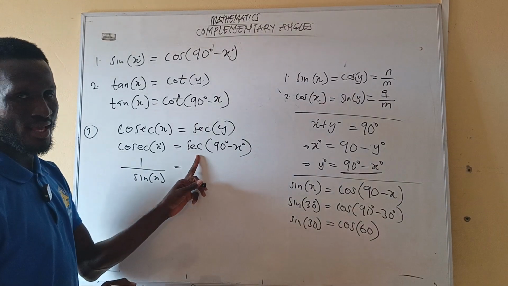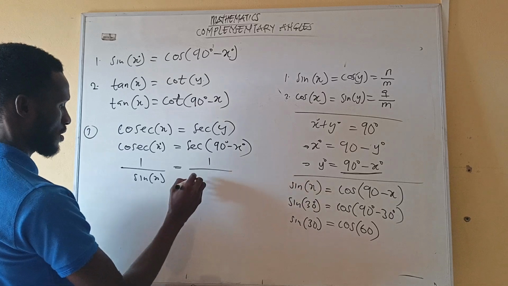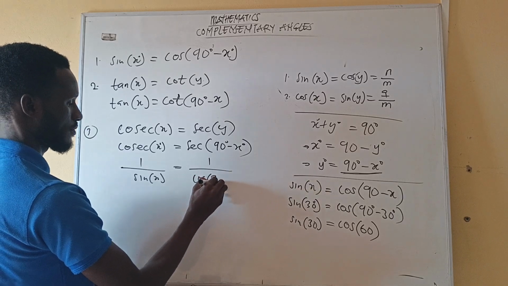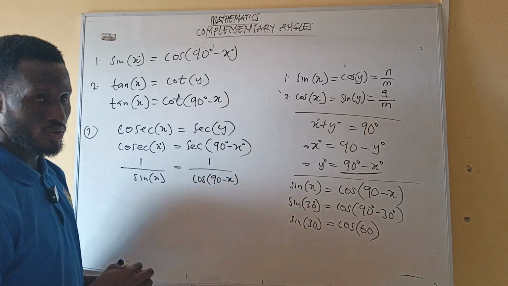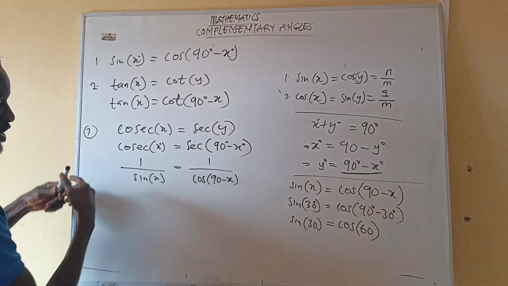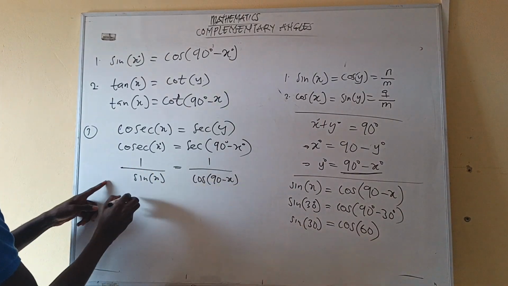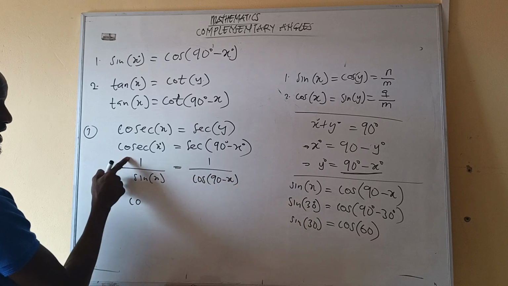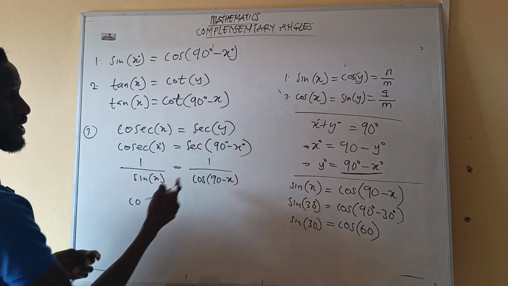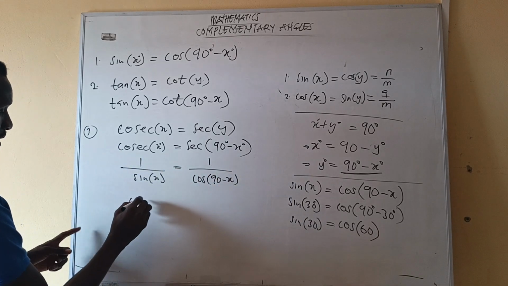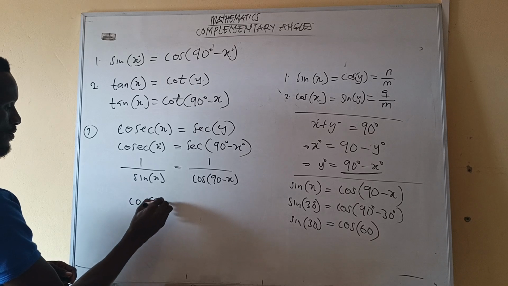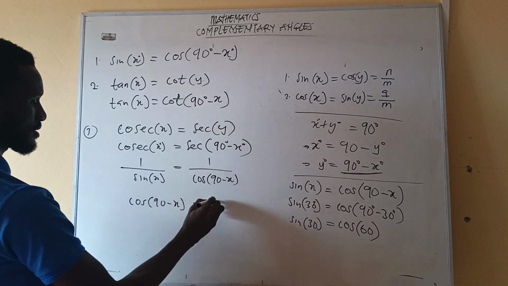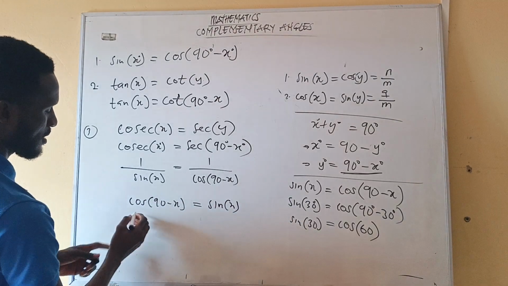Now, what is sec? Sec is 1 over cosine. Now, when you do cross multiplication, what are you going to get? You're going to get this one multiplied by this one, and the same thing on the other side, right? So it means that cos of 90 minus x is the same as sine of x.